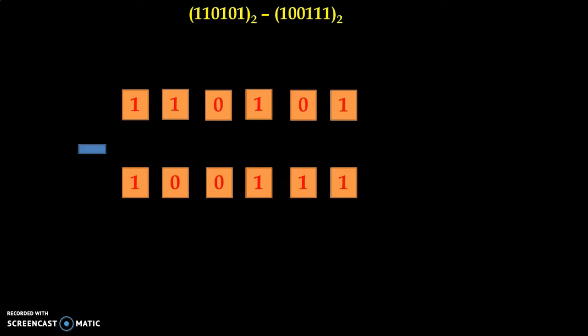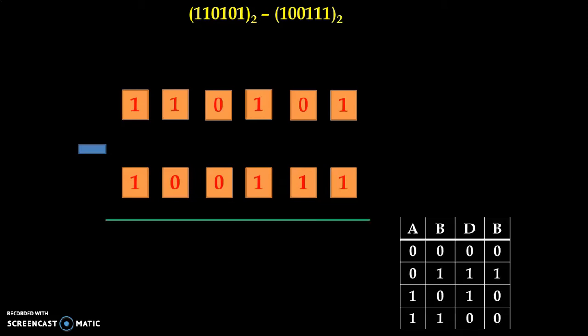So now let us start our subtraction. But before we start, we should have our table of rules for ready reference. So we have value A, value B, we have difference D, and we have borrow. So while doing subtraction, initially we have to follow this table of rules. So let us start. So first, 1 minus 1. We always start from the least significant side. So 1 minus 1, then it is 0.